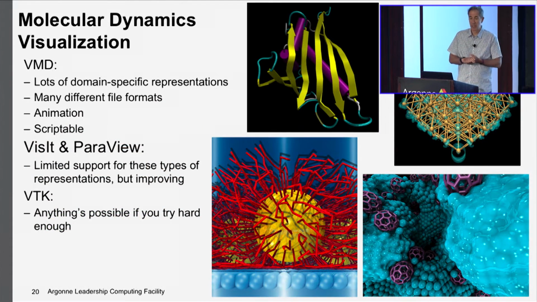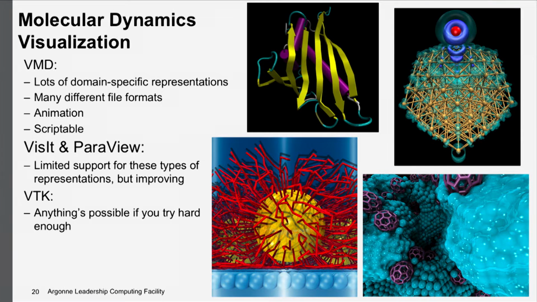I mentioned that some visualizations are more domain specific. For example, in molecular dynamics visualization, VMD has lots of domain-specific representations that can be used for this. There are other tools as well.